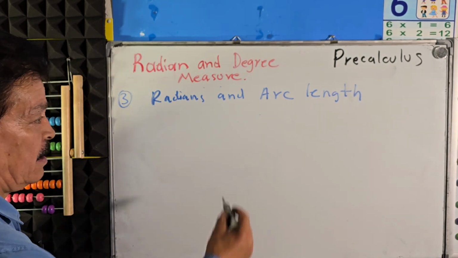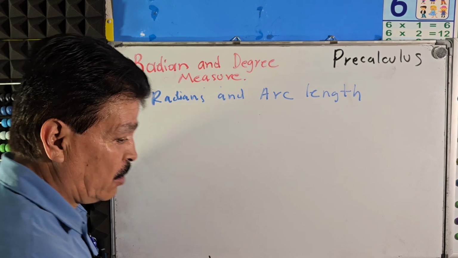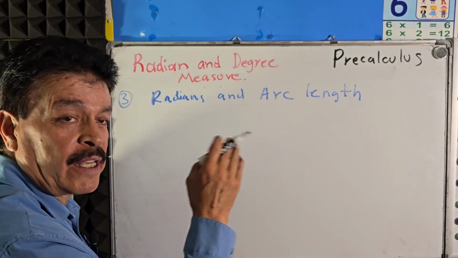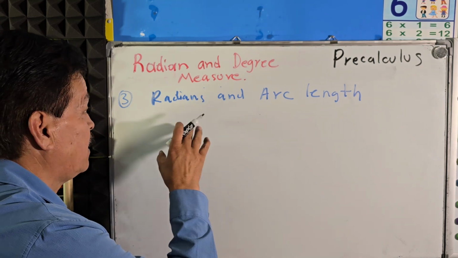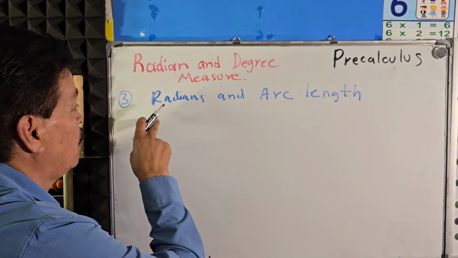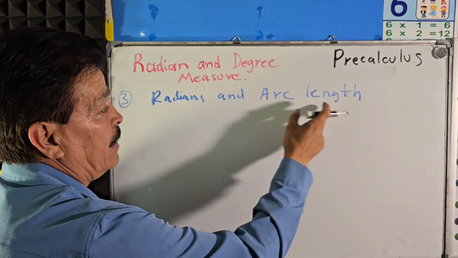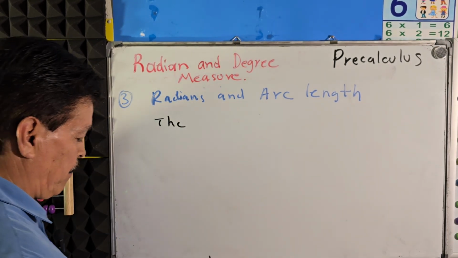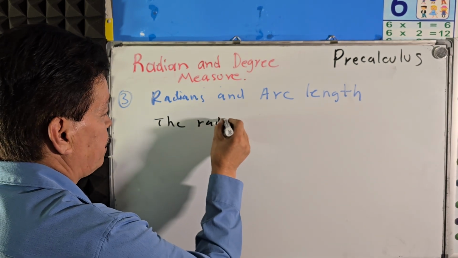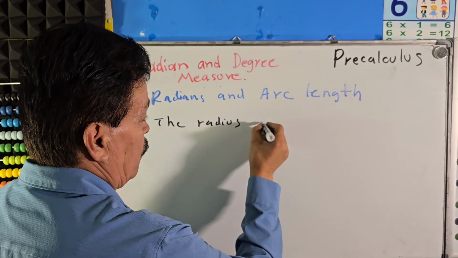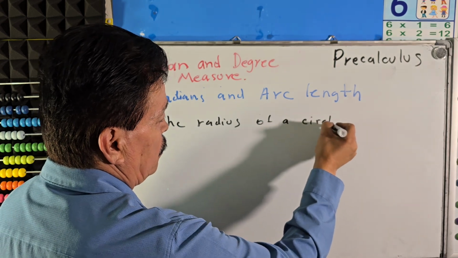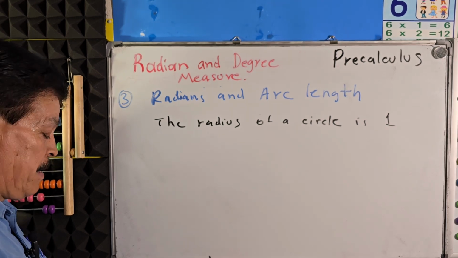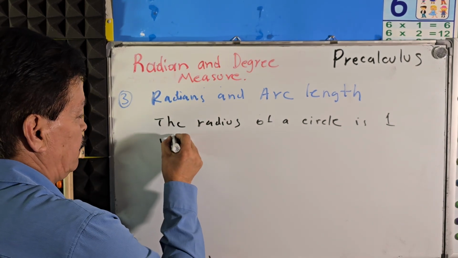All right, so let me explain it like I used to do. I always like to give you the main idea, the key idea. In this example, I will show you radians and arc lengths. So the radius of a circle is 1.